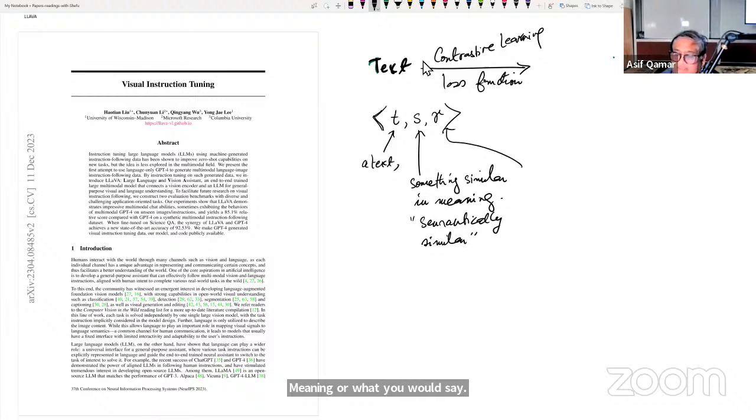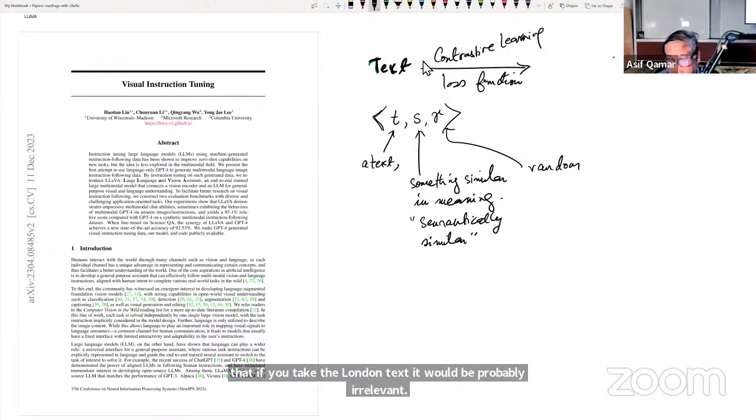And then you take some random text, with the assumption that it would probably be irrelevant to what the text is saying, completely out of context to this text.